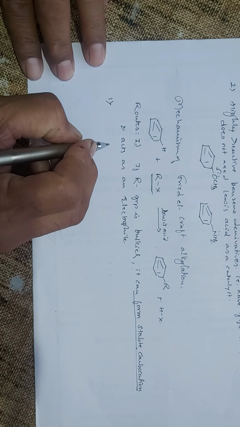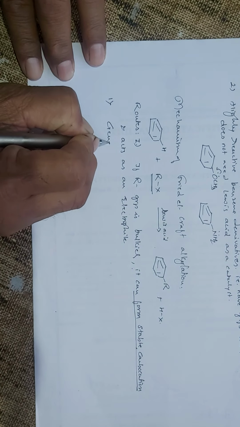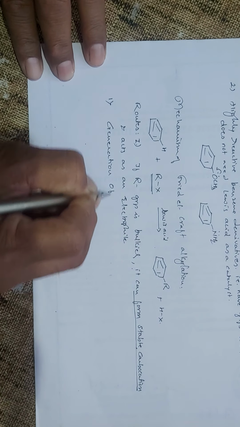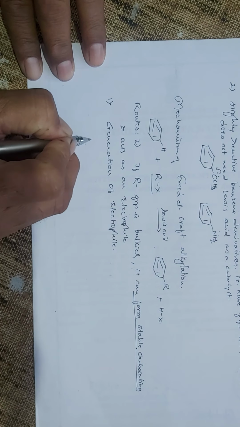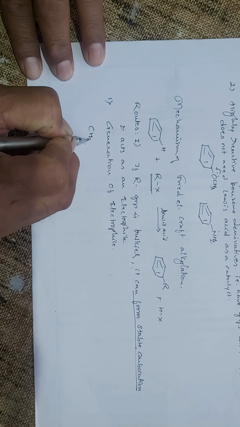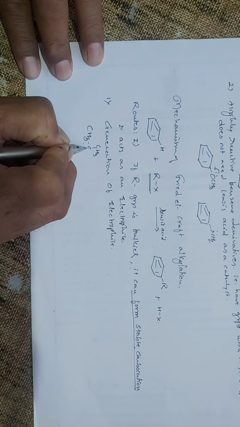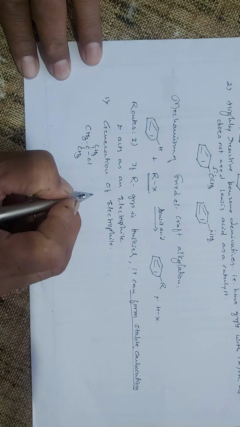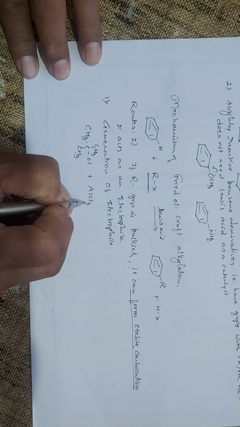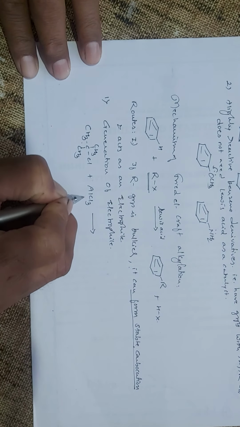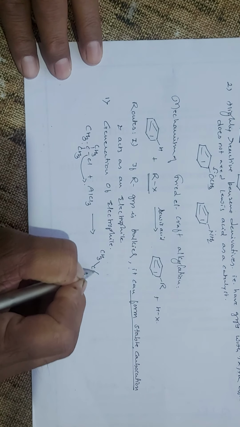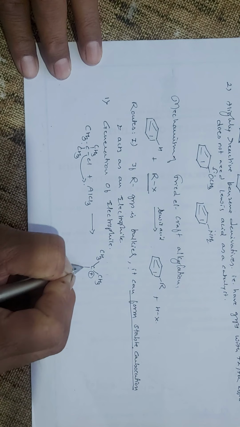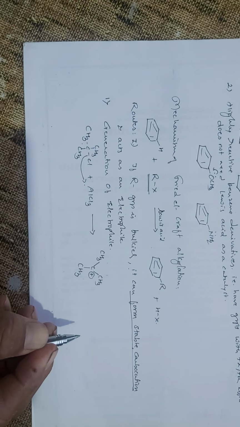In the first step, the generation of the electrophile takes place. This electrophile is generated from the bulkier R group, which may be like tertiary butyl chloride. When aluminum chloride is added as a catalyst, it immediately breaks this bond and converts it to the tertiary butyl carbocation.